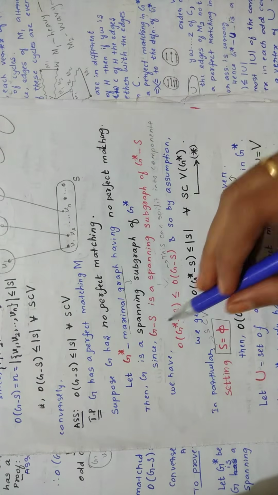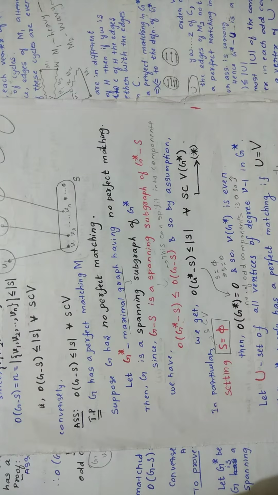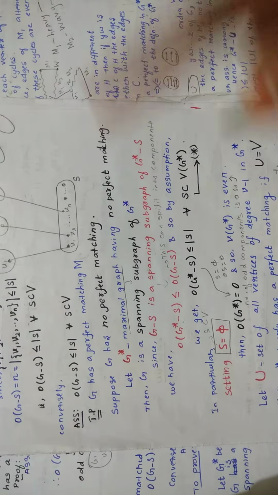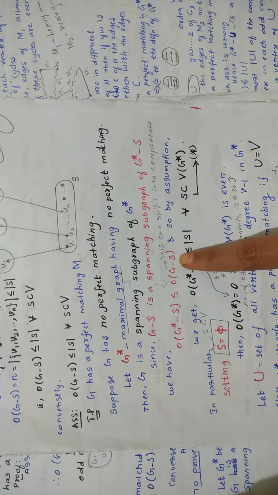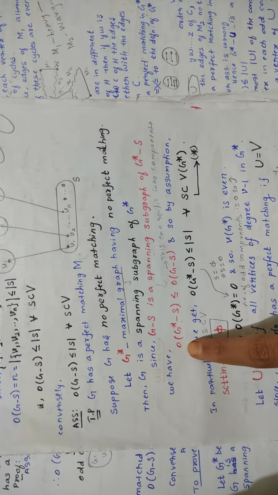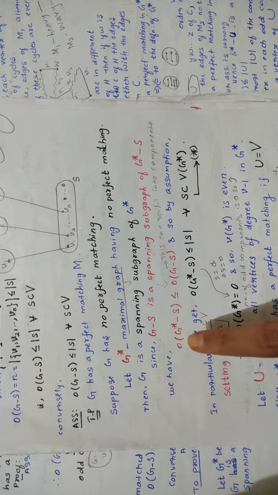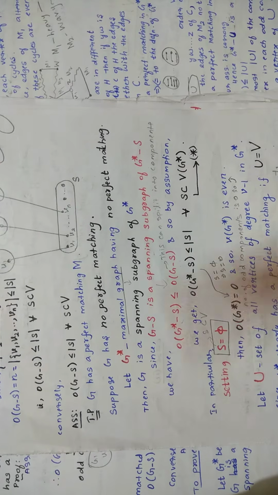So even if you remove one edge, there is a high possibility of getting more components. That is why you write that the number of odd components of G minus S will be greater than or equal to the number of odd components of G star minus S. The reason is that G minus S is the spanning subgraph.